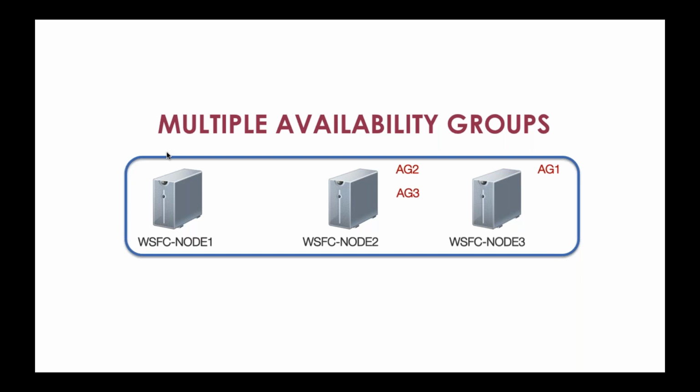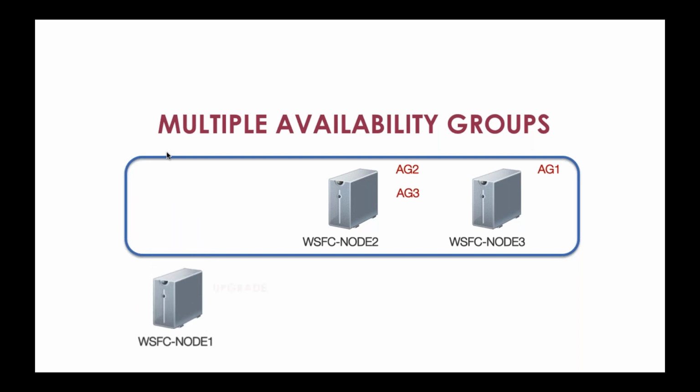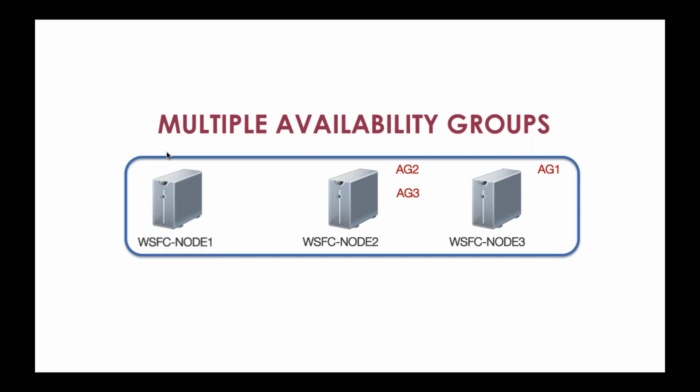Now at this point, AG1 gets upgraded because node 3 has already been upgraded. So next I'm going to upgrade node 1. Patch node 1, install it. Now when I finish upgrading node 1, I know node 3 and node 1 are both upgraded, but AG2 and AG3 are not upgraded yet.